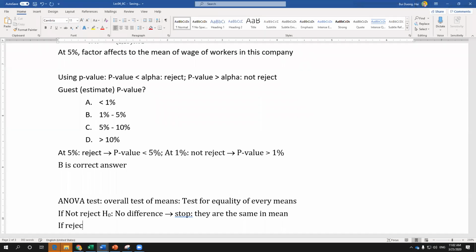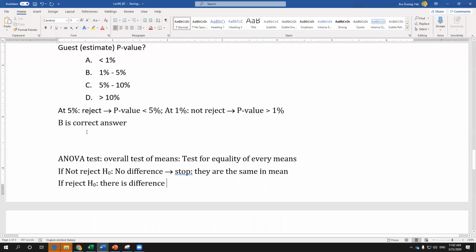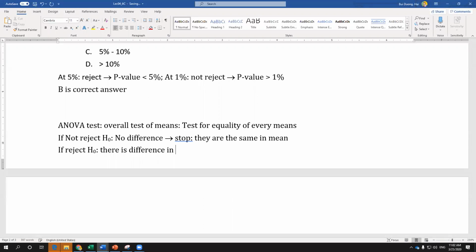But if reject H0, there is a difference. It means in at least one pair.